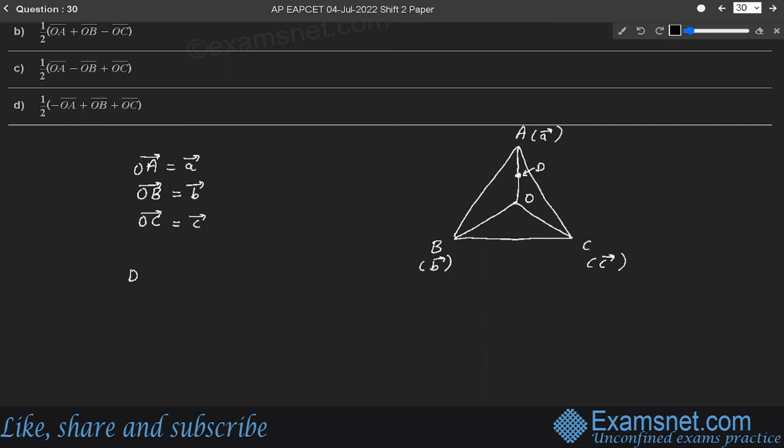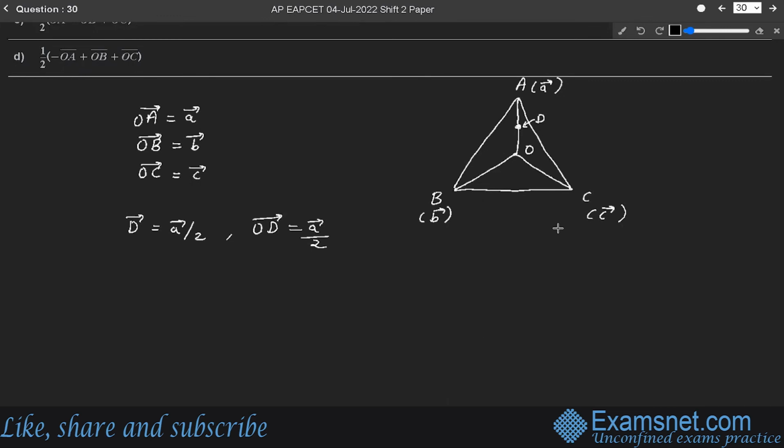So OD vector will be equal to a vector by 2, since D is the midpoint of OA.